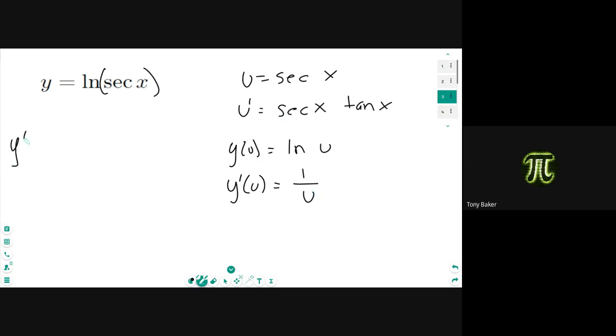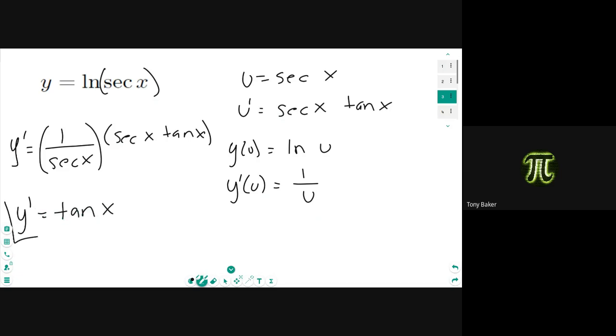So then y prime is 1 over secant of x times secant x tangent x, which means y prime is just tangent, because the secants can cancel out.